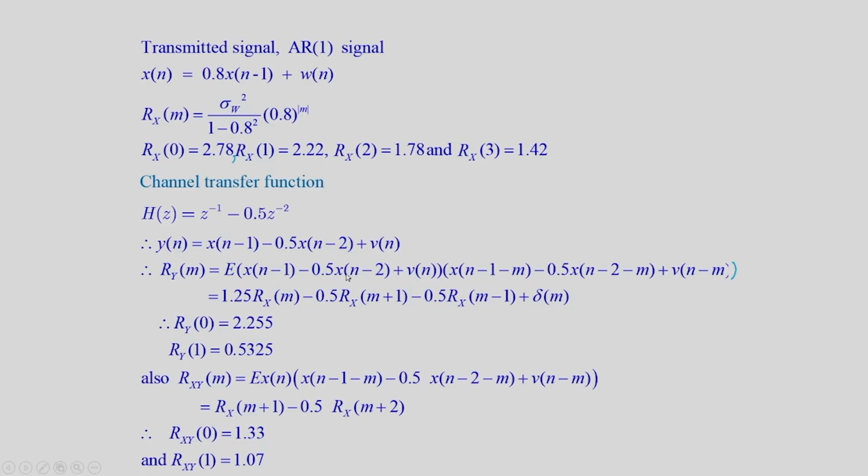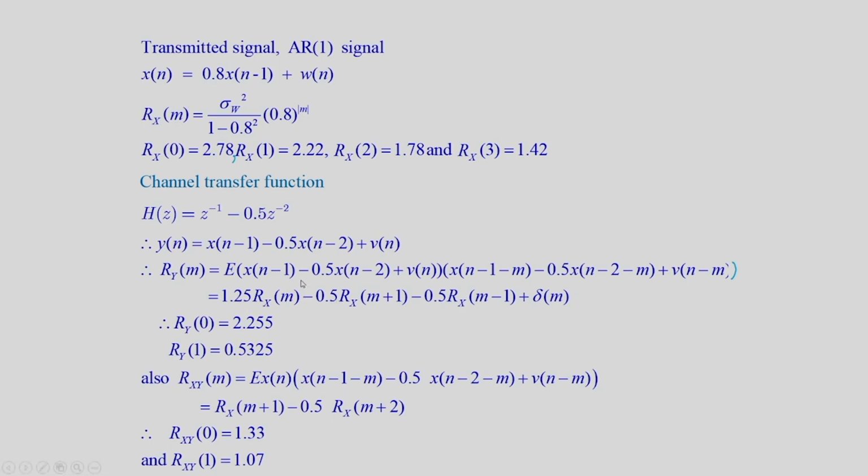Also, 0.5 x[n-2] into 0.5 x[n-2-m] will also give Rx[m]. So, this will be 0.5 into 0.5, that is 0.25 Rx[m]. So, that way we will get here 1.25 Rx[m].